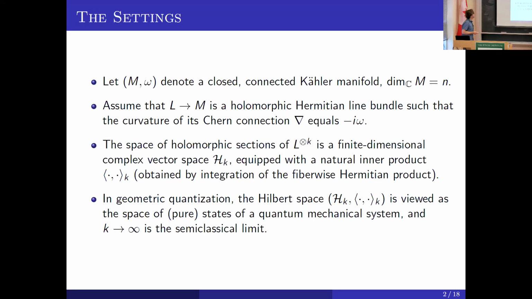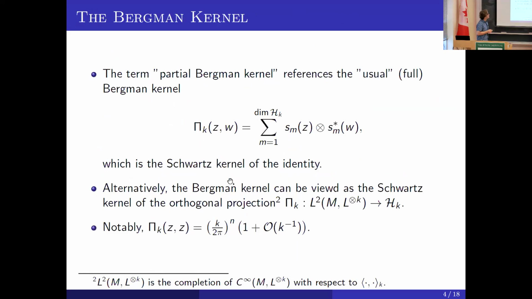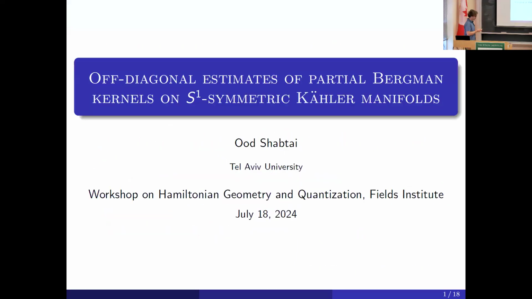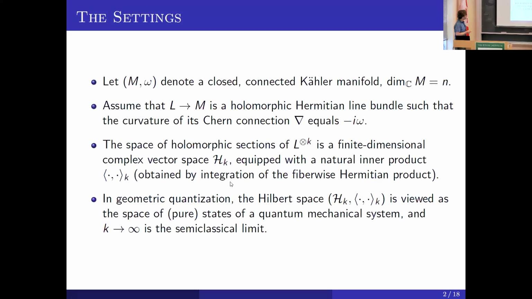So as we've seen, I think earlier today, the space of holomorphic sections is what's perhaps not been considered. What's not been considered earlier perhaps are these high tensor powers of this line bundle, which for me is sort of the main point of the story, because I want to study partial Bergman kernels as this k, this tensor power, goes to infinity.